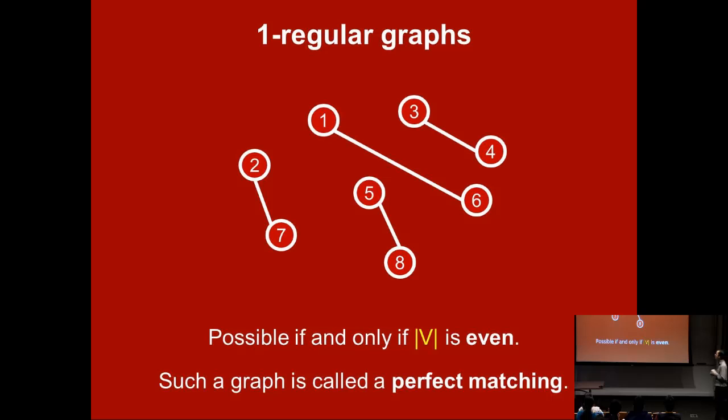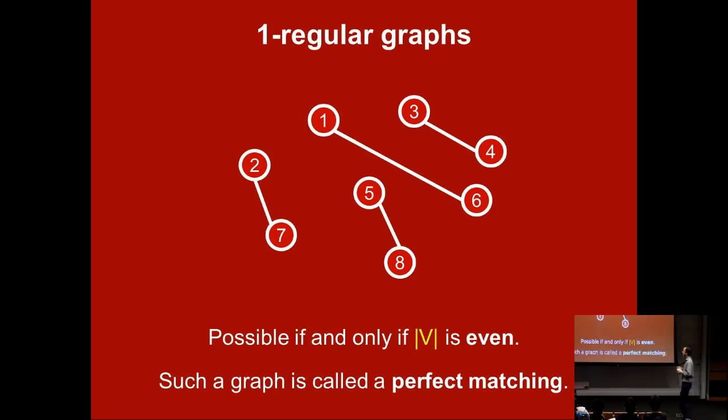So 2 times the number of edges would have to be n, because each vertex, of which there are n, has degree 1. So n is 2 times the number of edges. So n had better be even. And indeed, there are always n over 2 edges.